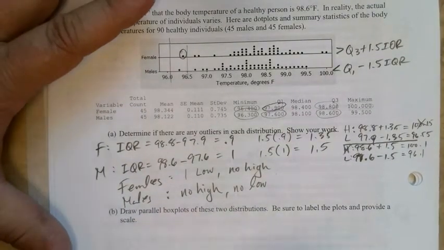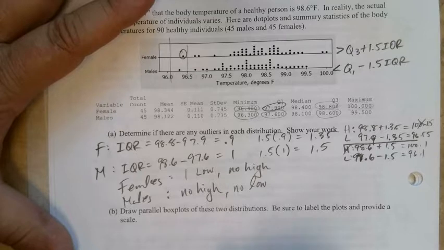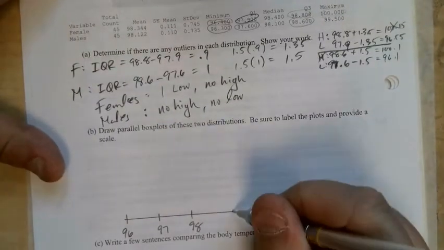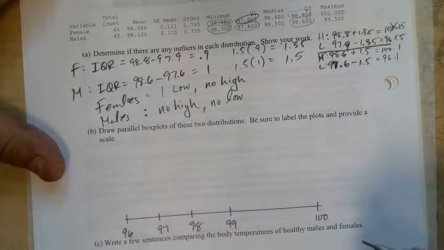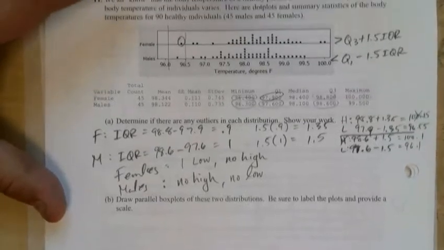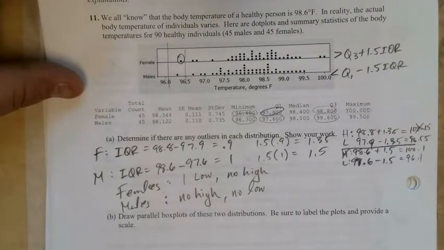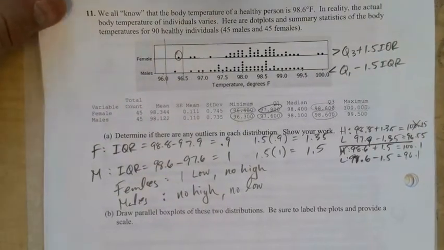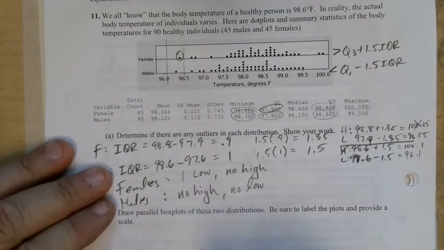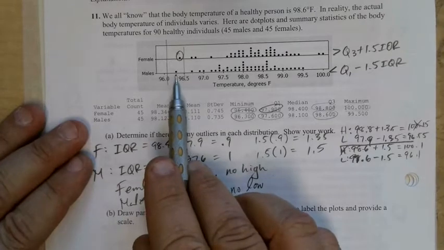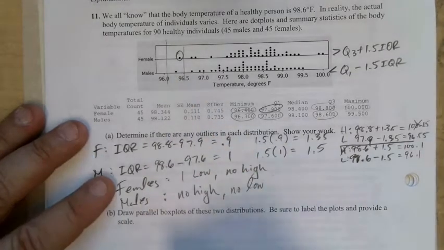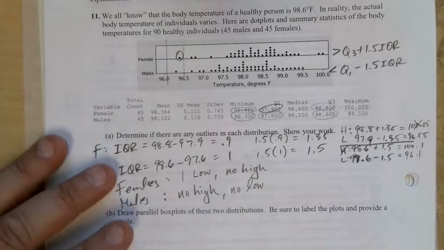I'll go 97, 98, 99. Males have no outliers, so I'm going to do the males first. The minimum is 96.3-ish. It's right there, so I'm going to put that there.